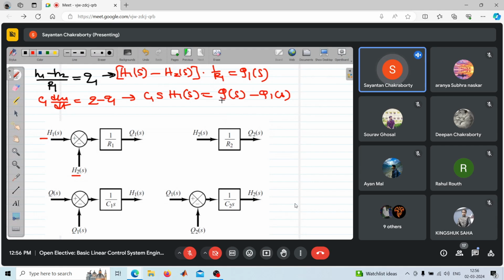So if you multiply Qs minus Q1s by 1 by C1s, you'll get H1s. So Qs minus Q1s into 1 by C1s is H1s.